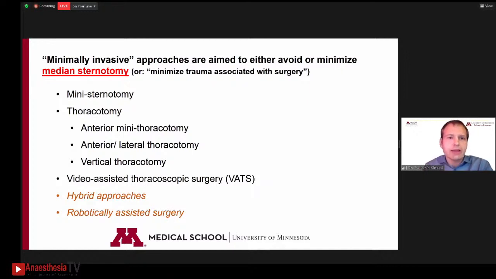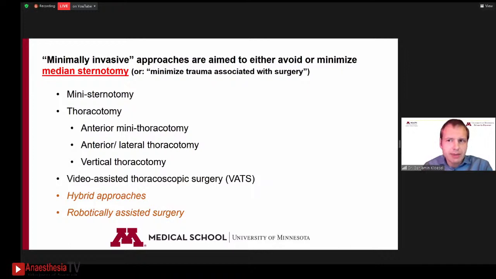So to go through that list, we have the mini sternotomy, where either the upper or lower part of the sternum is divided. Then we have a whole list of different approaches to thoracotomies. We have an anterior mini thoracotomy, we can have the anterior or lateral thoracotomy. And we have a procedure that aims to be very muscle sparing, and that would be the vertical thoracotomy. Then we have a whole subsection of video-assisted thoracoscopic surgeries. And then we have the hybrid approaches and robotically assisted surgeries.